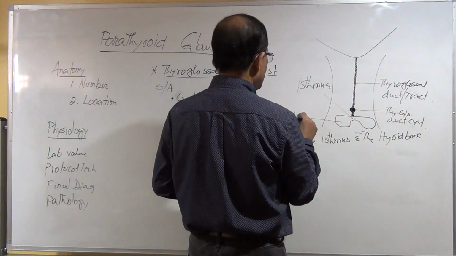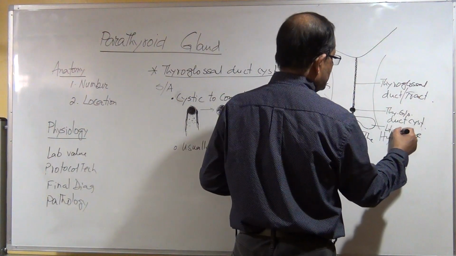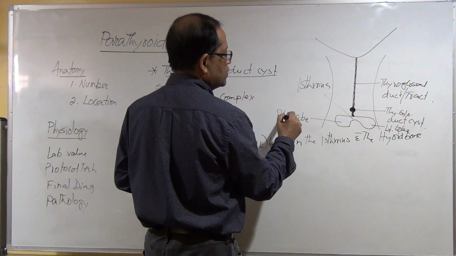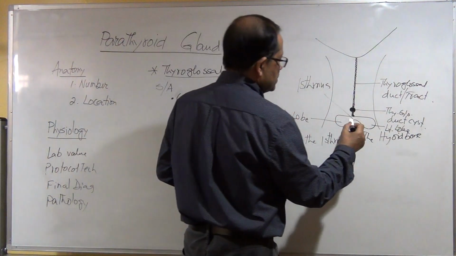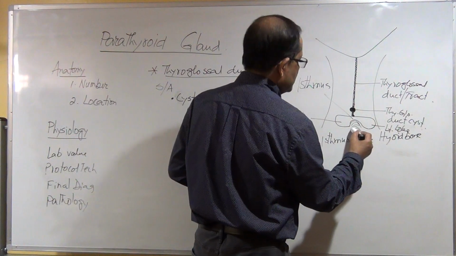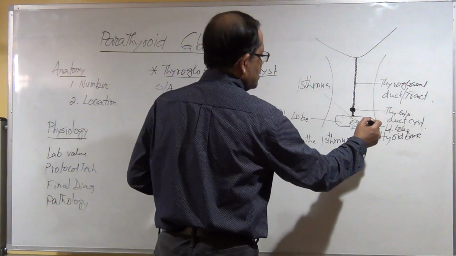This is the thyroid, the isthmus, the right lobe and the left lobe. Then you will see the tracheal ring. So this is our sono appearance.